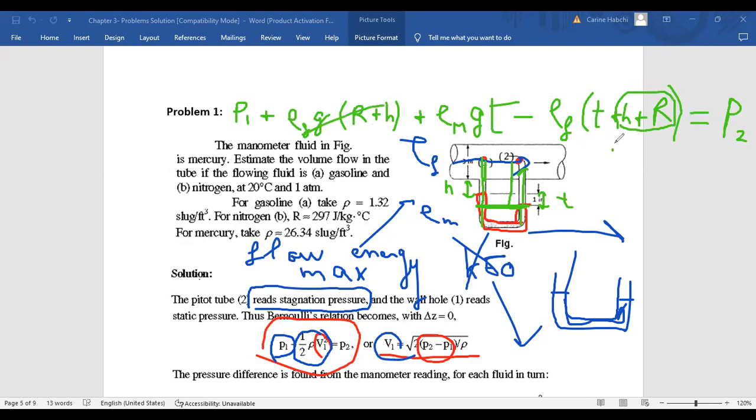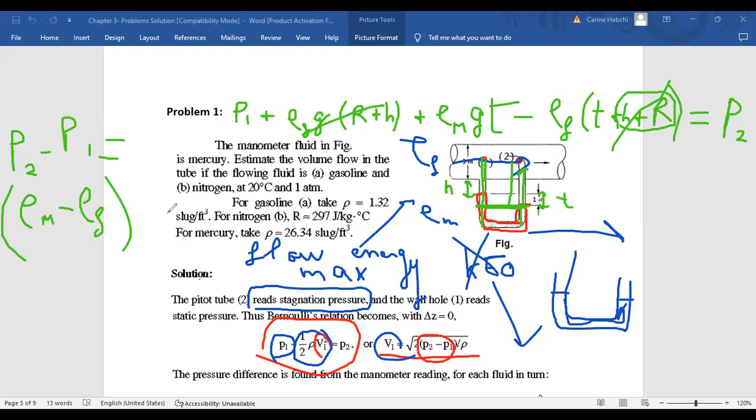So this term will cancel out, and we just have then that P2 minus P1 is equal to rho mercury minus rho fluid times g t.